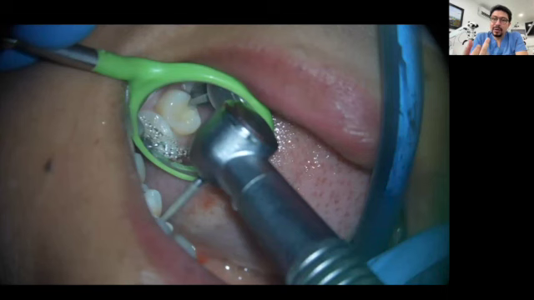For example, if you are working on an upper premolar, the mirror should be positioned at the level of the lower lip of the patient. And you will see in the video that if you are too close to the area in which you are working, the mirror will get very easily full of water drops, and you will need to clean that mirror every 5 or 6 seconds, and that generates repetitive movements in your wrist.